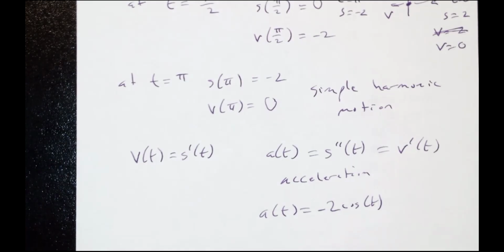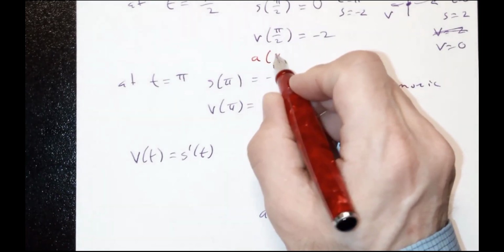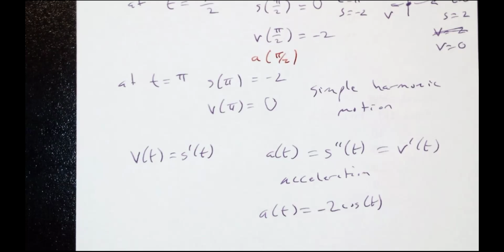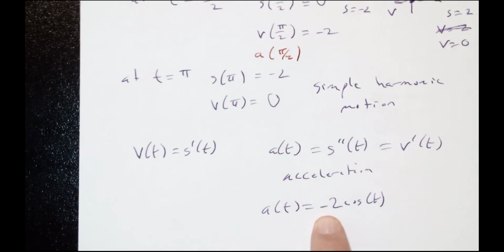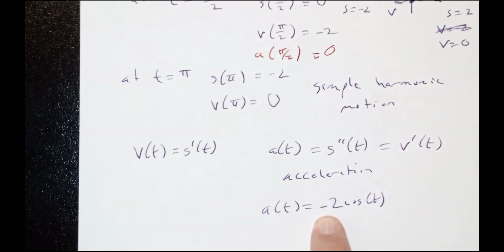Right now that we have the acceleration formula, I can ask what is the acceleration at pi over 2? It's 0, which means I stop speeding up.